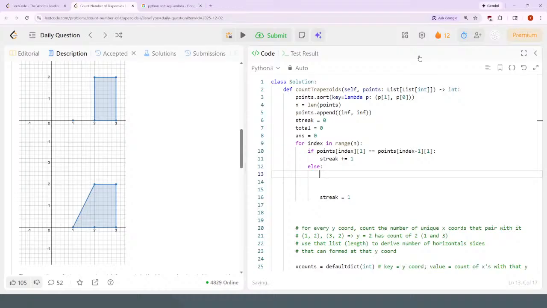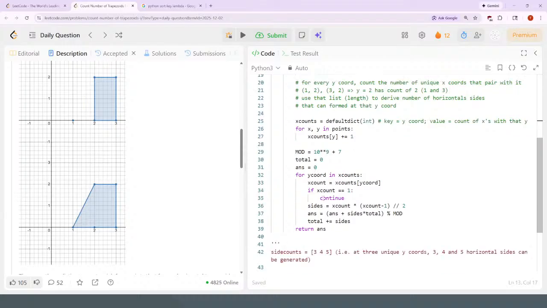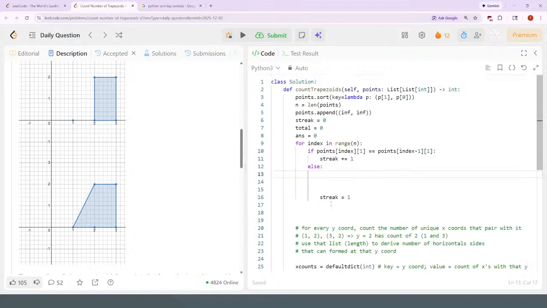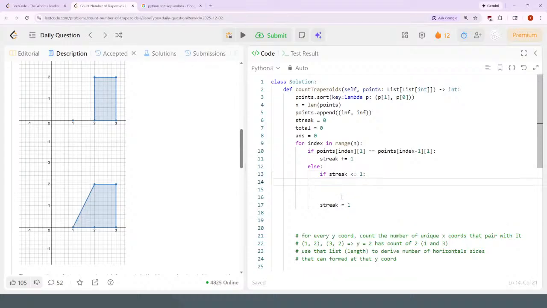So the current streak needs to change. Current streak is basically the sides here. So I guess if the current streak is equal to 1 or less than 1, then don't do this put here. So maybe the only thing here is if the streak is greater than 1, then the number of sides on this 5 point is going to be streak times streak -1 all over 2.